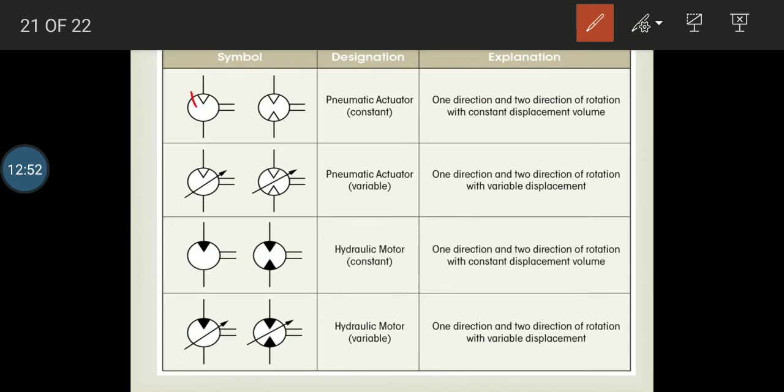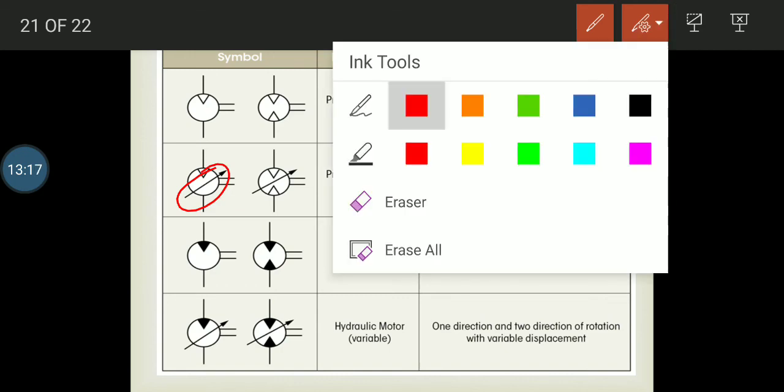So this is a single acting, this is a double acting pneumatic actuator. Pneumatic because the arrow is not filled, the arrow is empty over here. The emptiness of the arrow tells us that it is pneumatic in nature. When I am talking about a single, it is single acting, and when I am talking about a double, it is double acting. Then the arrow tells us about the variable.